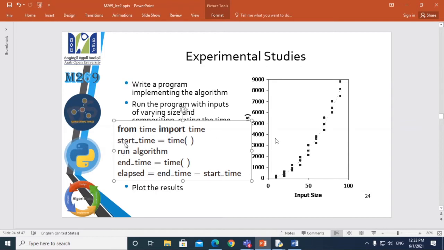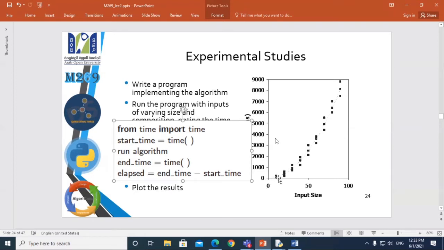Right? This is what we have here: start time, run the algorithm, end. Once you finish running, it will give you when it started and when it ended, minus, and give you the elapsed time, the difference between the beginning and the end. And plot the results.